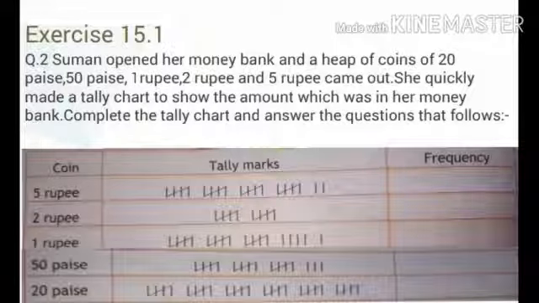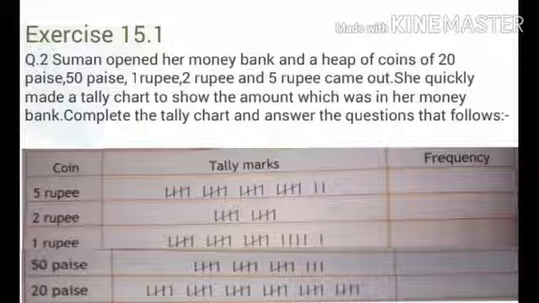Now first you see the question carefully here. The coins which were in her money bank were 5 rupee. Let us arrange in a table: 5 rupee, then 2 rupee, 1 rupee, then 50 paise and 20 paise. So Suman arranged in tally.